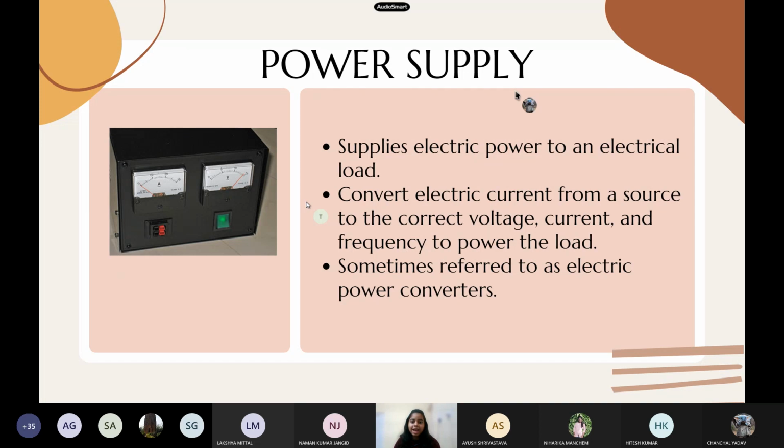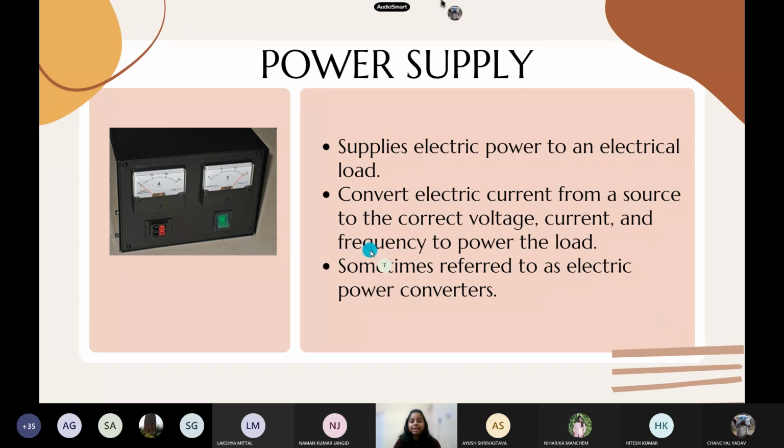All power supplies have two power connections. One is the power input connection, which receives energy in the form of electrical current from a source, and one is for power output rail connections that deliver current to the load. As you can see here, this gives the voltage reading, and this gives the current reading. And of course, this is the on and off switch.